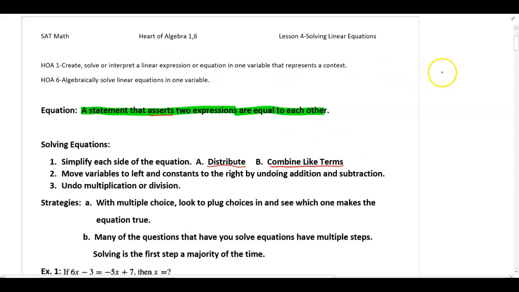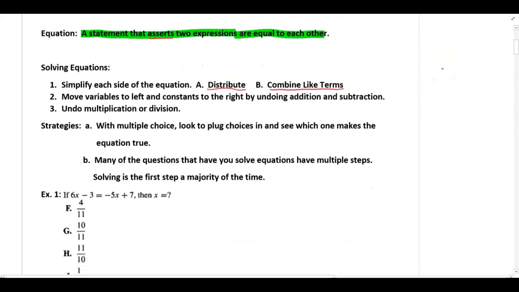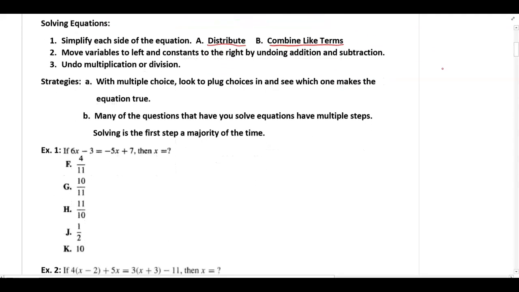Now, some strategies for solving equations questions. Number one, with a multiple choice test, if you forget how to solve an equation, look to plug each of the choices in and see which one makes the equation true. Also, many of the questions that have you solve equations have multiple steps, and this is the key part.